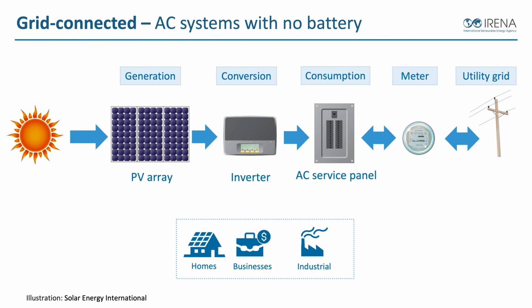Now, we're going to step away from the off-grid market for a minute, and we want to think more about a grid-connected market where we're using AC systems with no battery. And so the difference here is now we're going to take our PV array and run the DC of that solar array into an inverter. Now, this particular inverter is designed to be a utility synchronizing inverter.